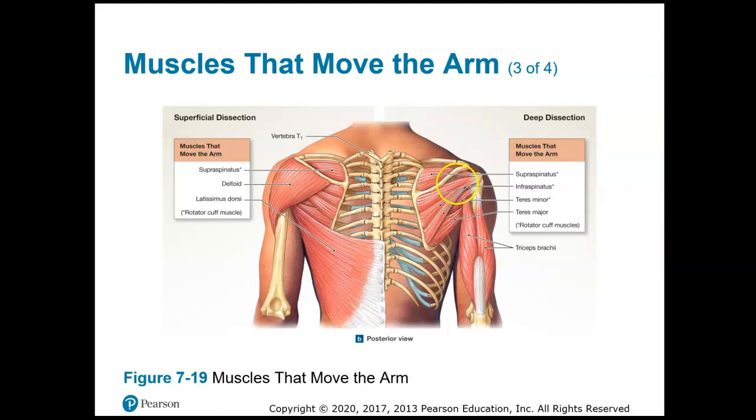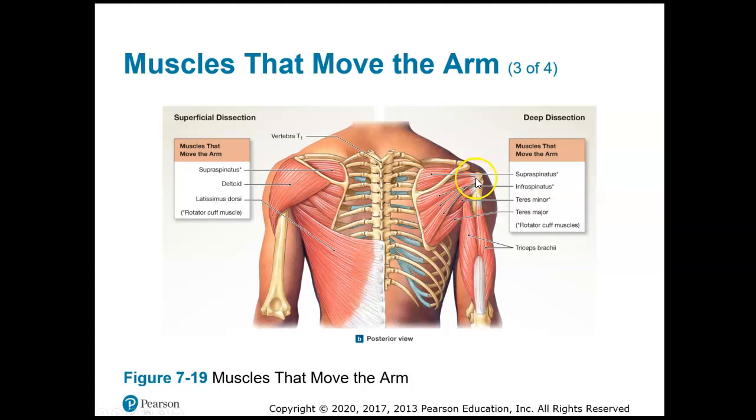So as far as origin and insertion, let's just look at this infraspinatus muscle that has 3 parts to it. We've got the origin here on the scapula, and then we've got the insertion on the humerus. The insertion is the part that's going to move, and it's the part that you're going to see connected by a tendon.